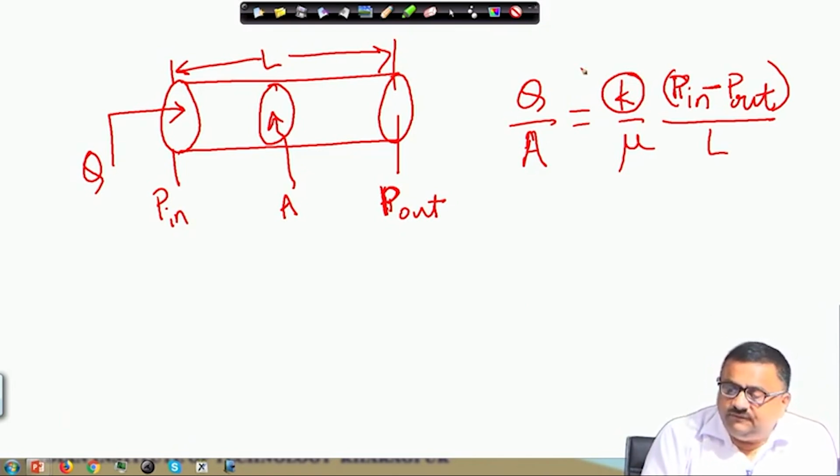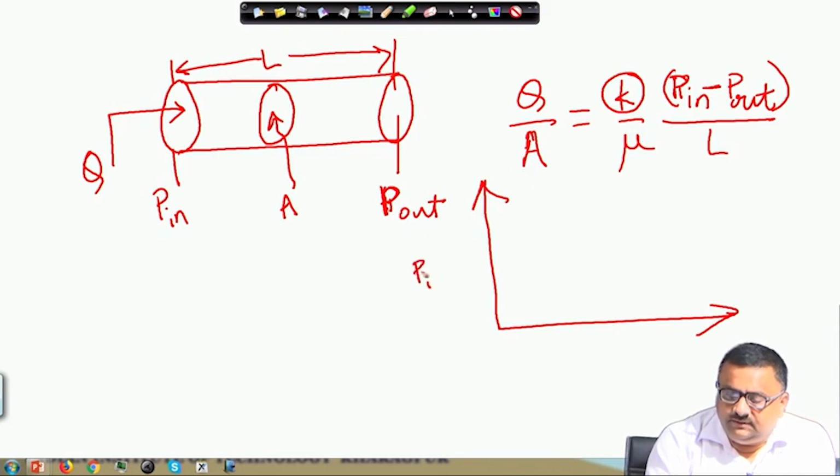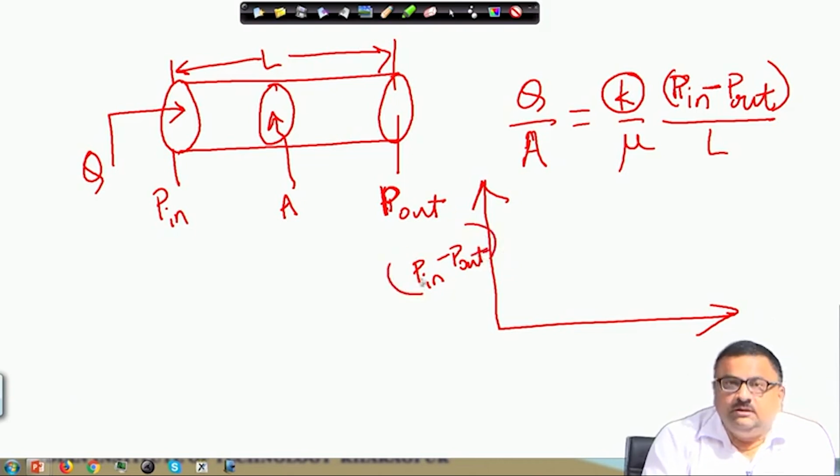In that case, we will find out the pressure difference, that means P in minus P out, and we will plot P in minus P out as a function of flow rate.